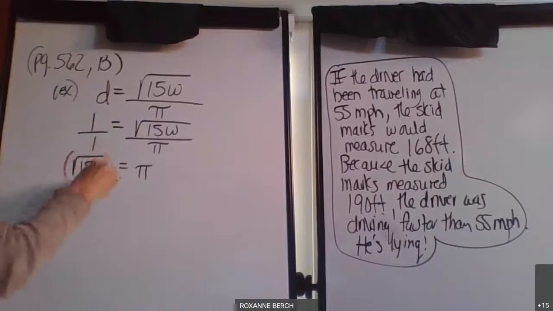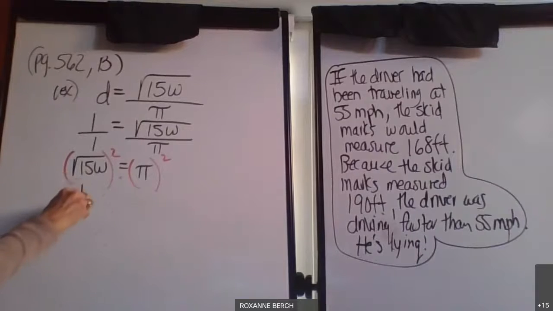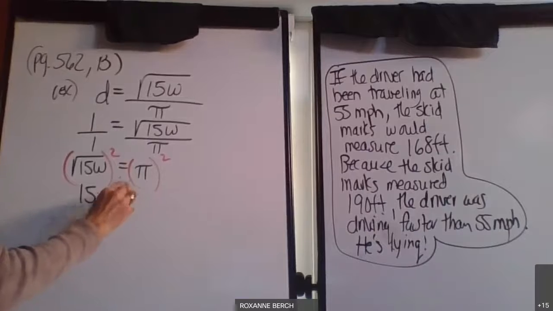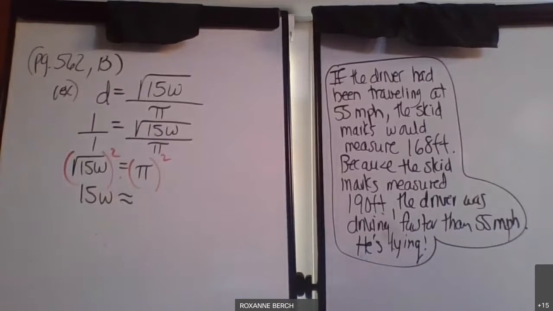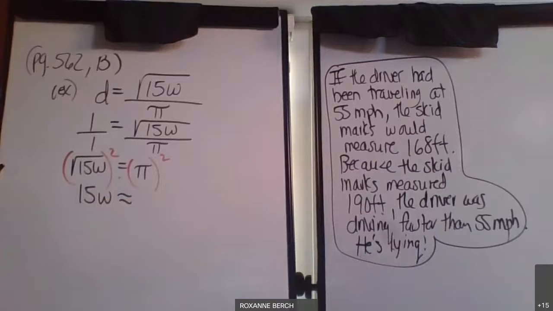So I'm going to square both sides. And on the left side, I get 15W. And what is pi squared, guys? And I'm not going to round too much. So tell me what pi squared is. 9.86, and then it keeps going. Yeah, and you know what?